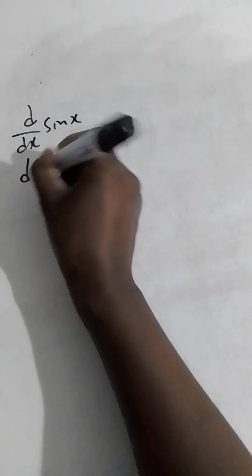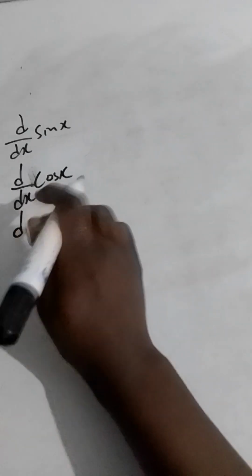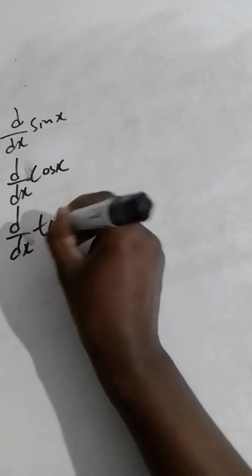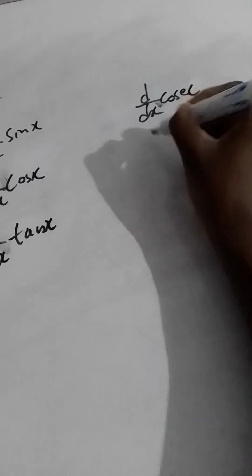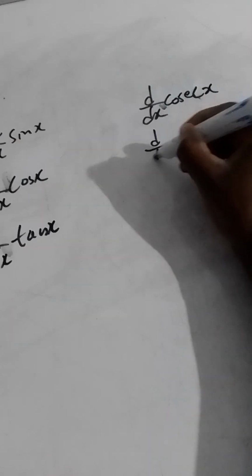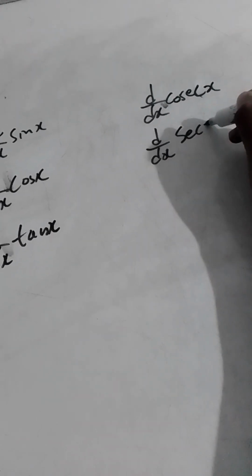So the derivatives in total then for all the trigonometric ratios are what? d/dx of sine of x, d/dx of cos of x, d/dx of tan x, d/dx of cosec x, d/dx of sec x, d/dx of cot x are what?